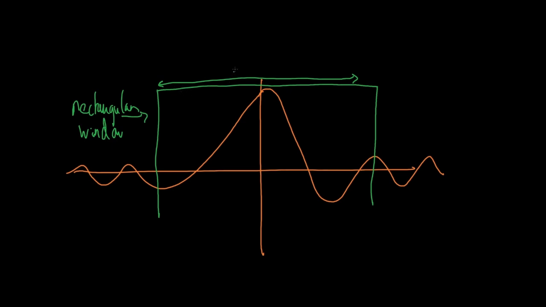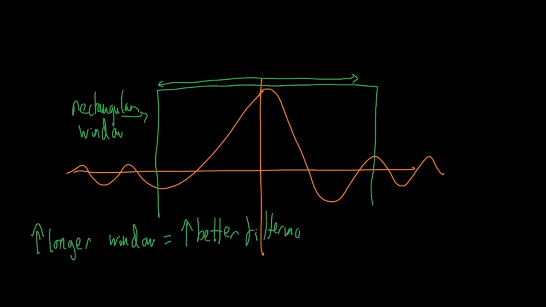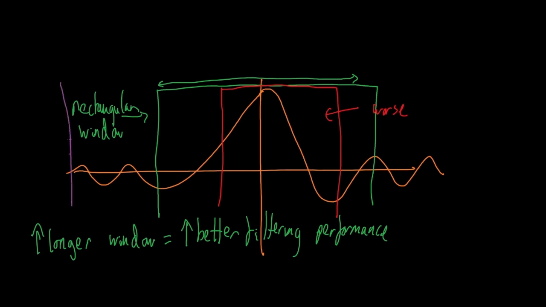Now, the longer your window equals a better filtering performance. This is an important thing to stress. If you have a small window, this is going to be a worse performance. And if you have a long window, all the way down here, you will have a better filter performance.